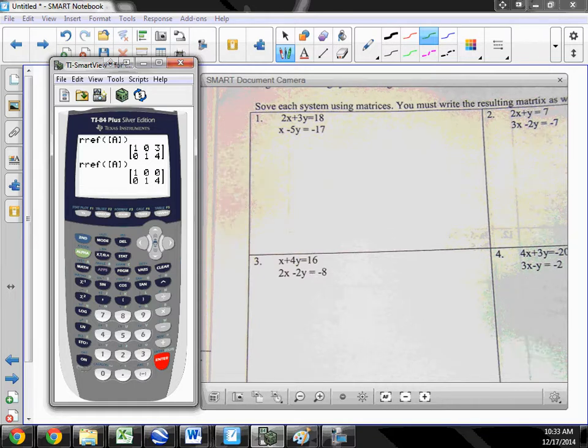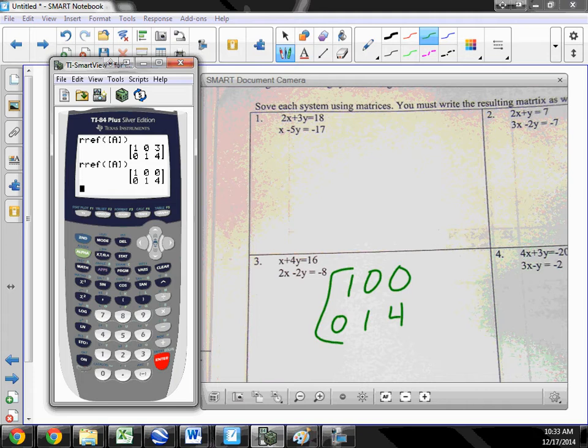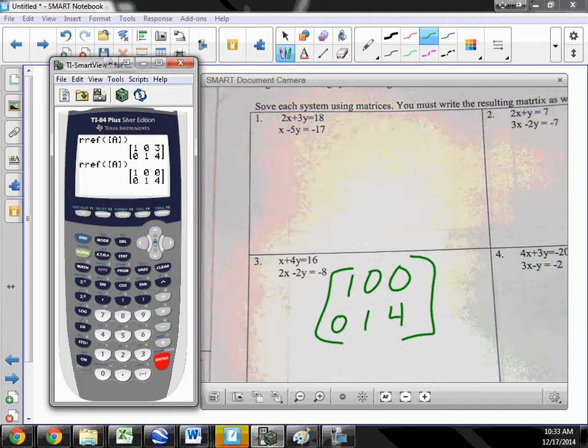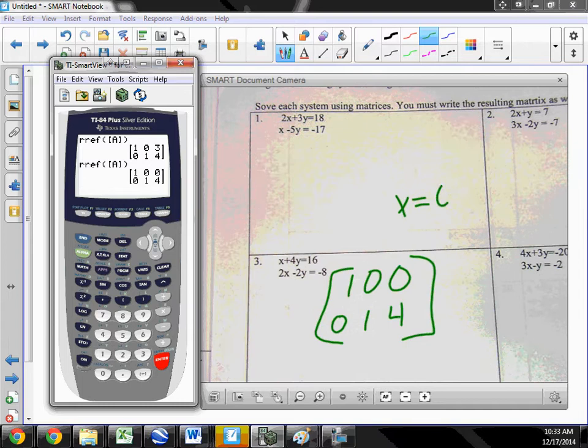So for my resulting matrix, I get 1, 0, 0, 0, 1, 4. So what are the answers here? X equals 0 and y equals 4. Does that make sense to everybody? So I want you to try, let's do number 2.